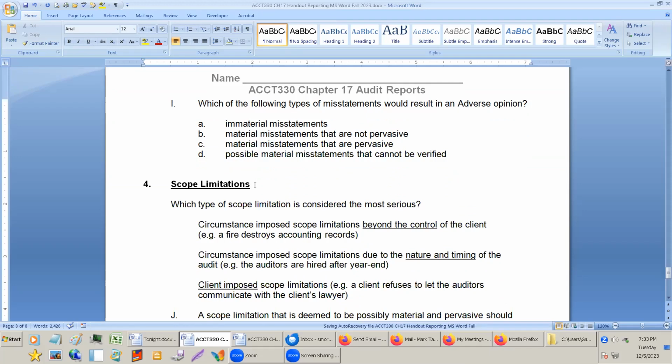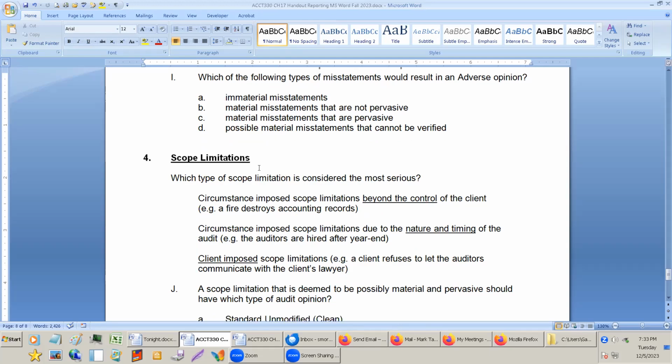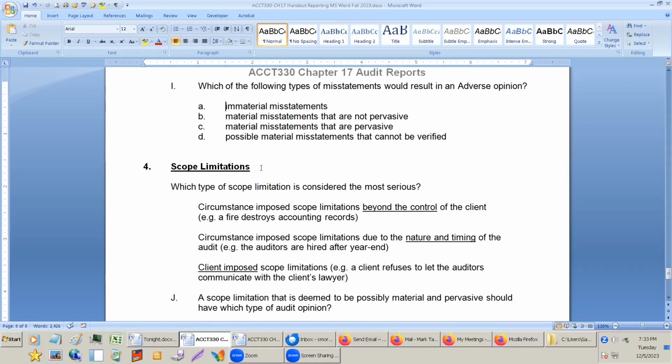Which of the following types of misstatements would result in an adverse opinion? Oh, come on.